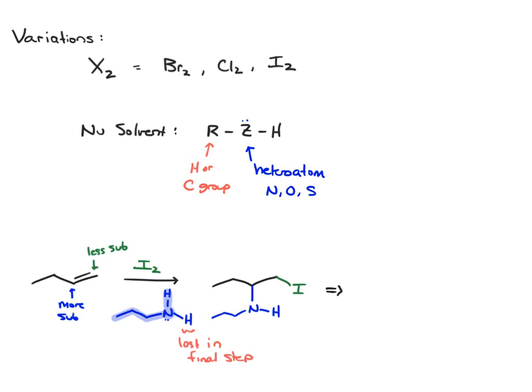Now we know that the I and the nucleophilic solvent add trans, but we only have one chiral center in this molecule to deal with. So let's draw this how you might do it. You might put the I on a wedge and the amine on a dash, and then do the opposite and put the I on a dash and the amine on a wedge.